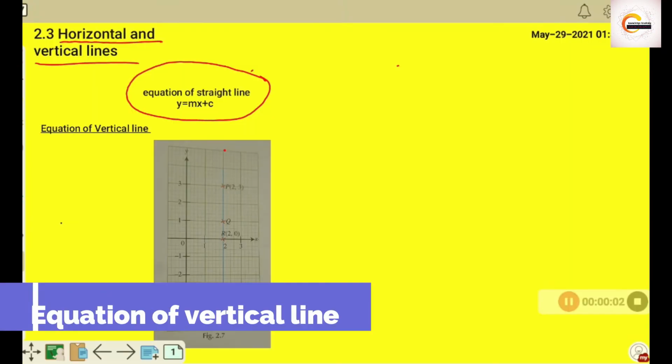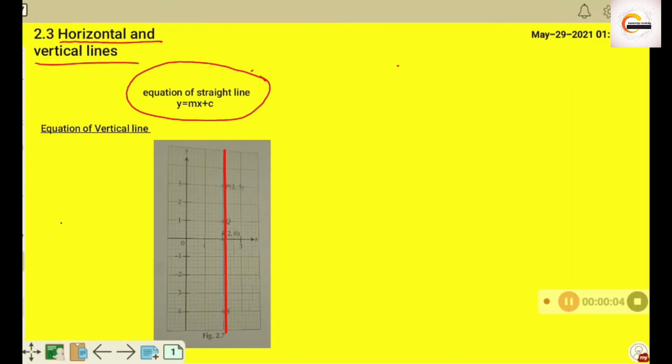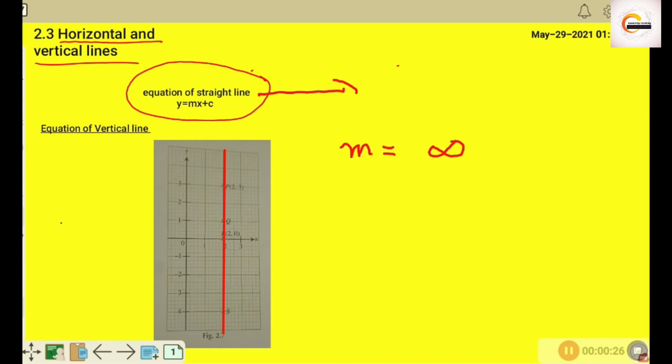If a line is parallel to the y-axis, what would be its equation? We have learned before from the case of the vertical line that the gradient of a vertical line is undefined. So we cannot use this equation of the straight line for the vertical line that is parallel to the y-axis.